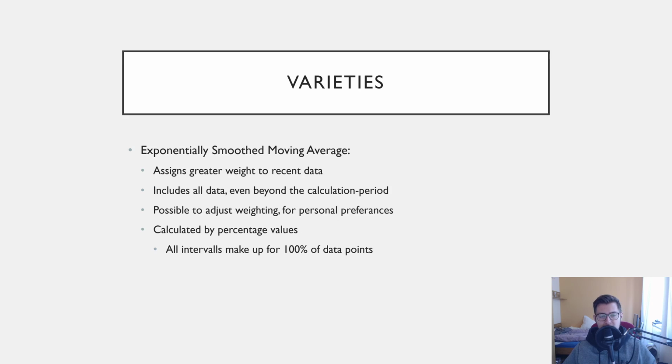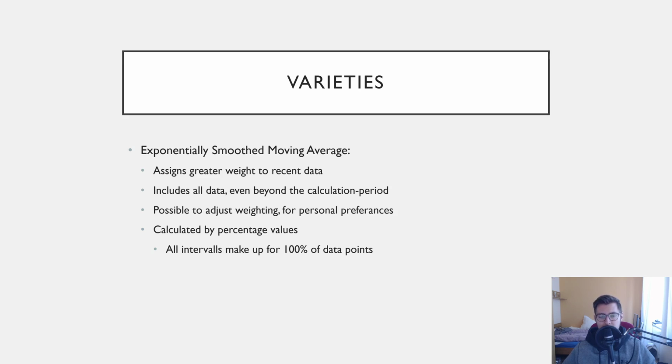And then in comparison to that, we have the exponentially smooth moving average, or also called just the exponential moving average. It actually assigns greater weight to recent data as well, but it includes all data of the moving average even beyond its calculation period.